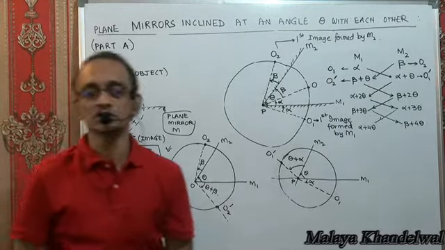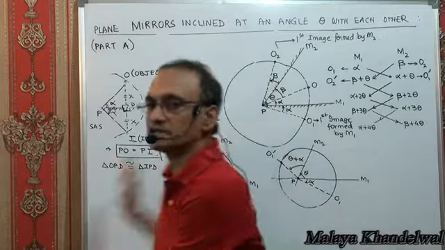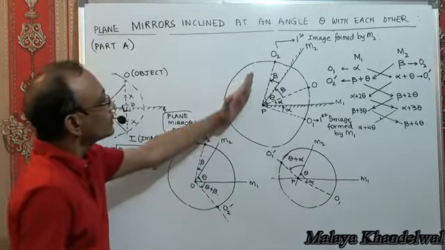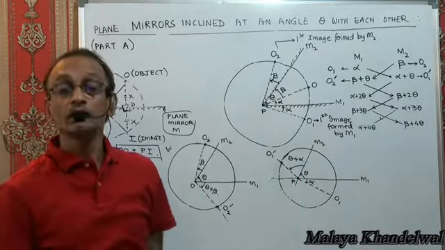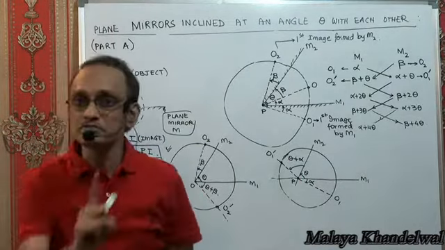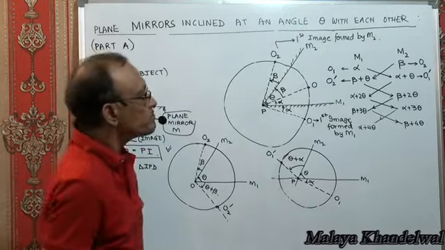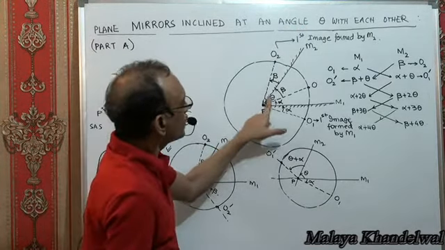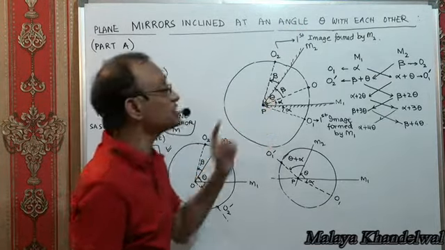Now, having understood this, let me get down to the situation which is our primary intent. There is a mirror M1 and there is a mirror M2, and they're inclined at an angle theta with each other.